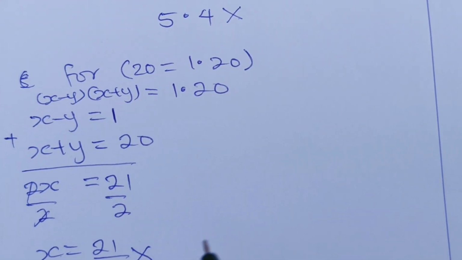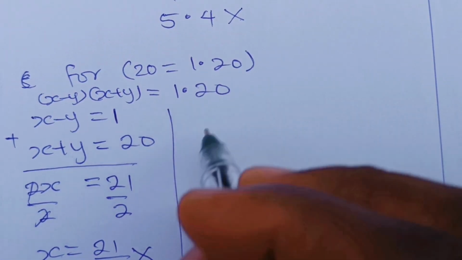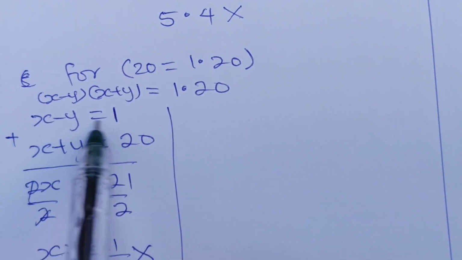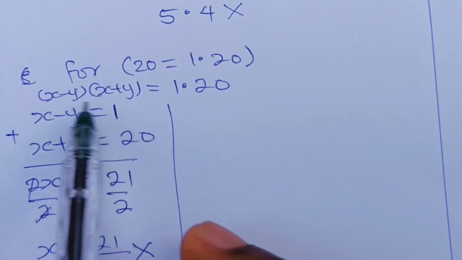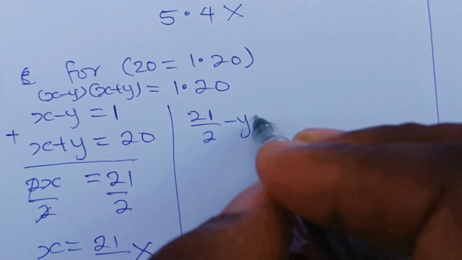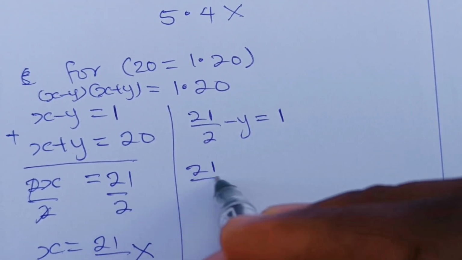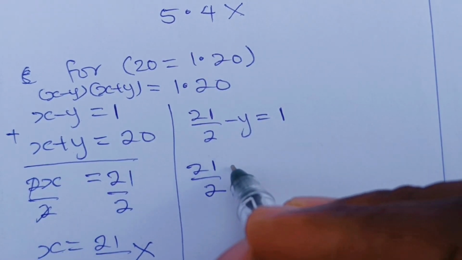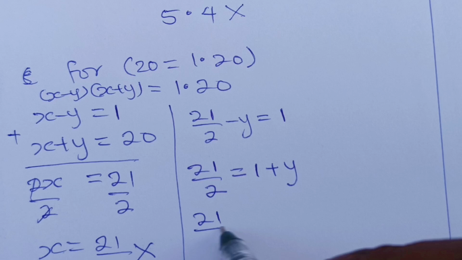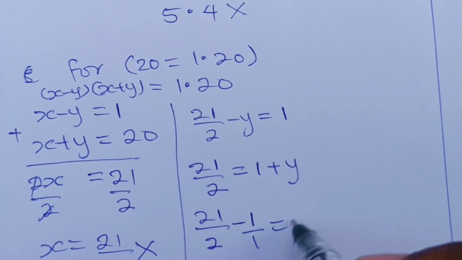Now let's check the corresponding value of y. If x is equal to 21 over 2, let's substitute 21 over 2 in any of these equations. If we substitute it in the first equation, we can say that 21 over 2 minus y is equal to 1, right? So we can write that 21 over 2 is equal to 1 plus y. So we can say 21 over 2, minus 1, is equal to y.